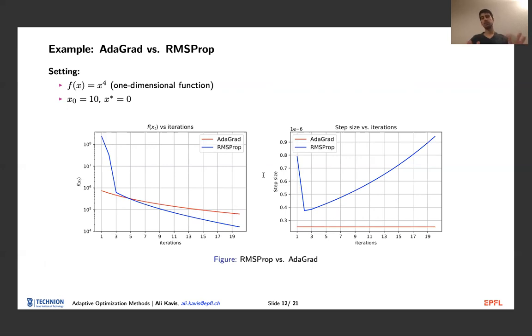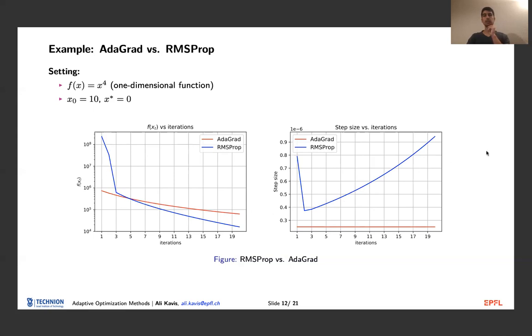So these figures are not telling us that RMSprop is better than AdaGrad, but there are certain cases in which RMSprop-like methods, which use a moving average for the second order estimates, could actually benefit and exploit the local and global structure better to have a better convergence rate.